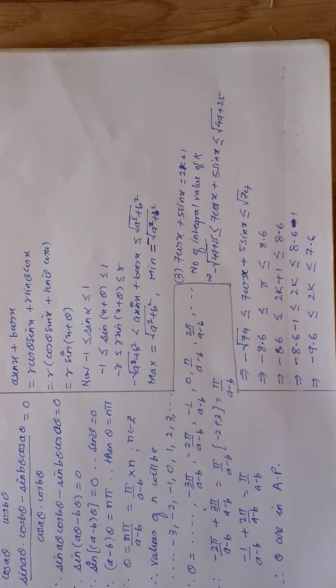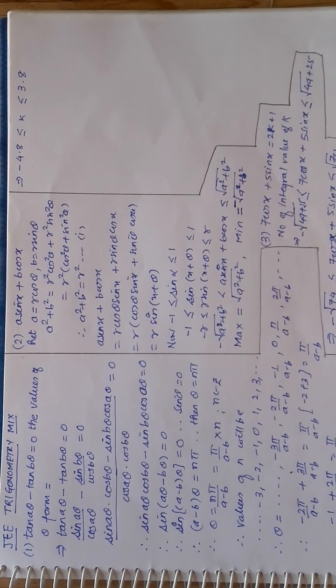Now I got 2k, that means I need to find k. To find k I need to divide by 2. So we get k greater than or equal to minus 4.8 and less than or equal to 3.8 on division by 2. Now I will draw a number line because I need to get the integral values of k.